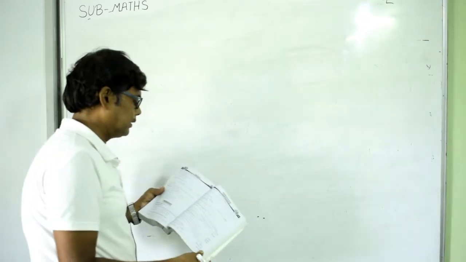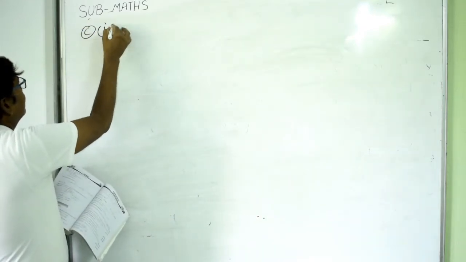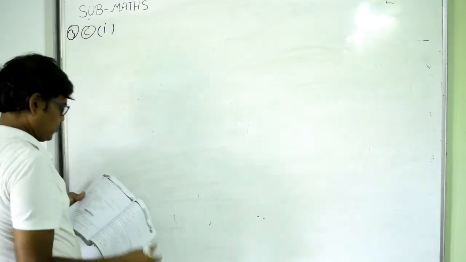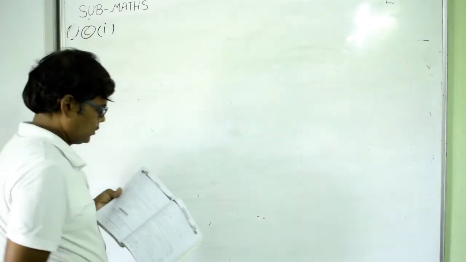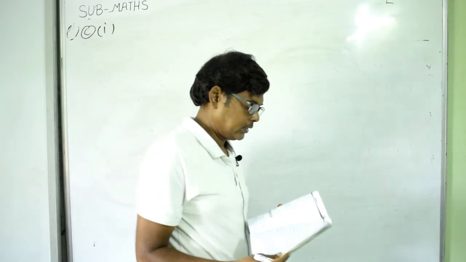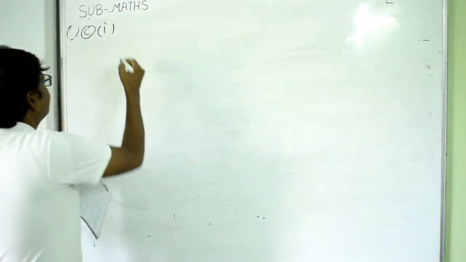So here question number C1. It is not 3, it is C actually, C1 here. So the first question is sin to the power 4a plus sin square a.